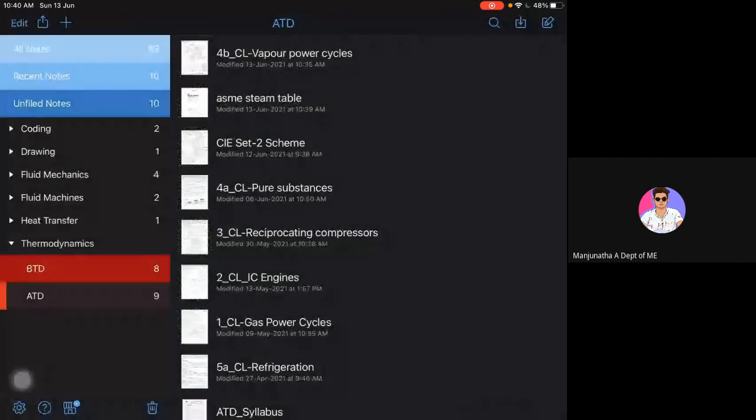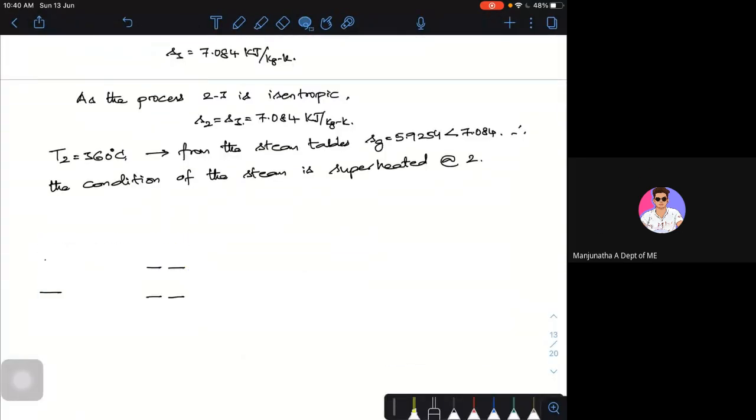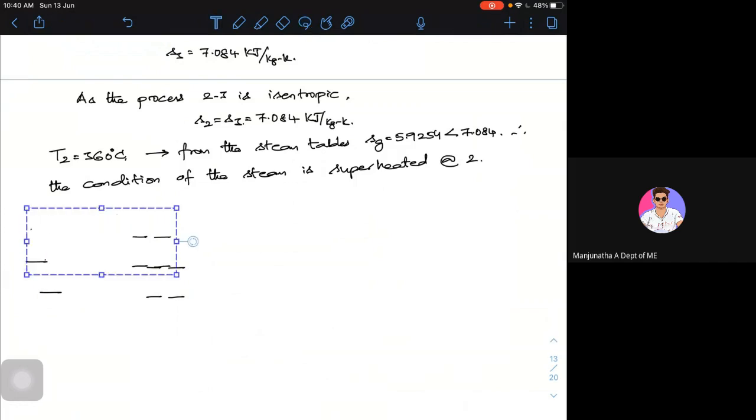Fine. Let me go to the solutions. Whether you guys are having 15 and 20 bar, or just similar to me, 15 and 16 bars? What are the values you have?